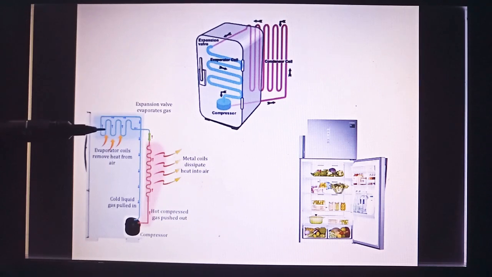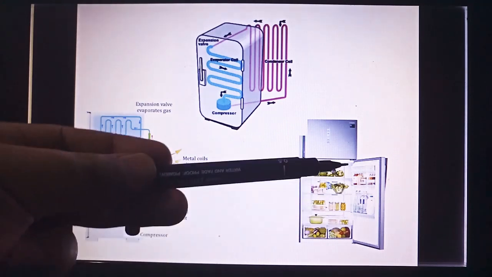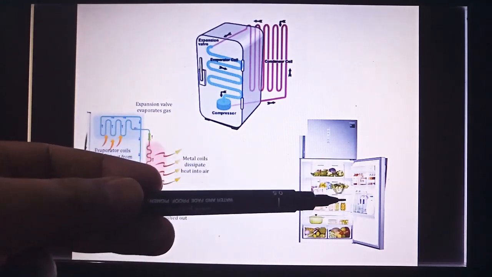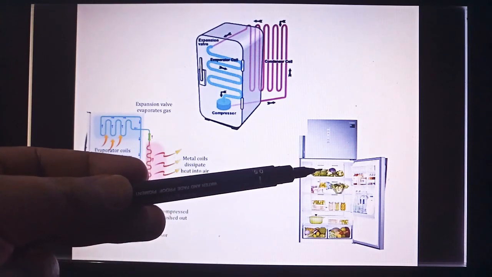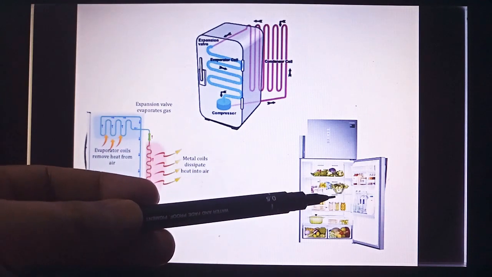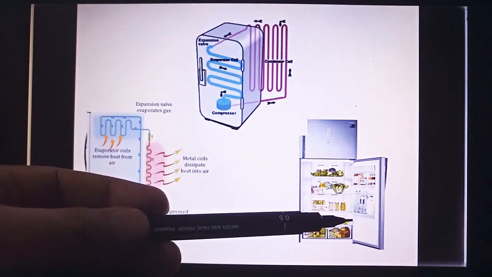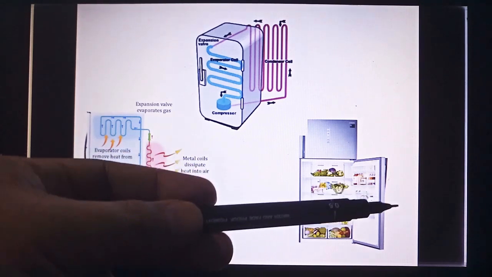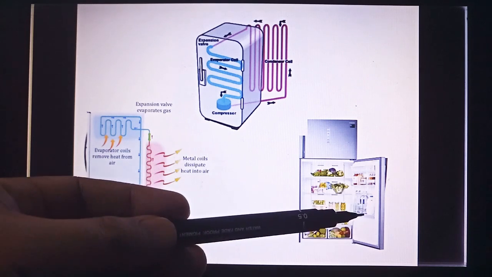Now, what happens to these evaporator coils? Example, we put some food inside the refrigerator. This food has its own initial temperature. Say for example water: if we put water inside a refrigerator, let's say the temperature of the water is 25 degrees Celsius.